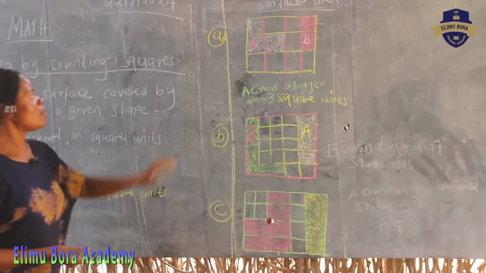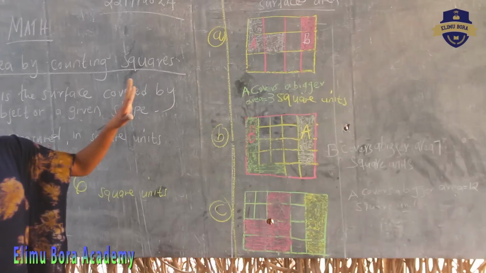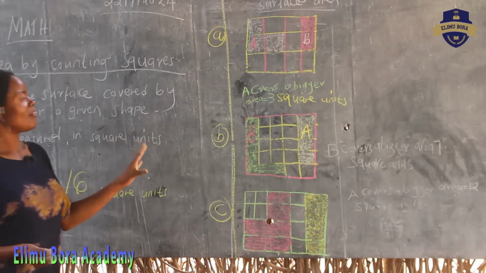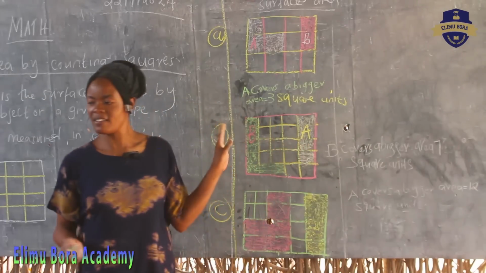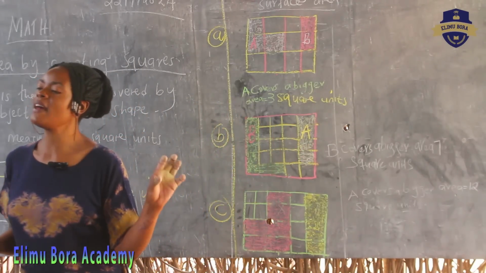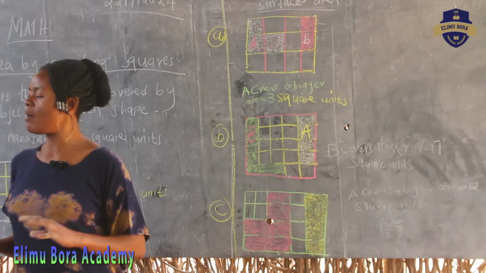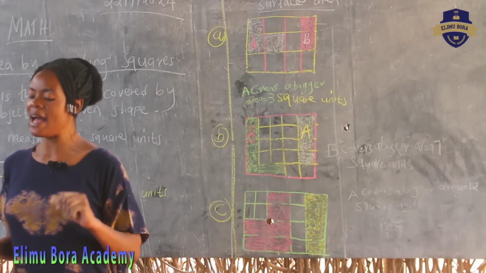So, we have looked at area by counting the number of squares in a bigger square. And we have seen the one that is covering a bigger surface area, and the one that is covering a smaller surface area by counting the number of squares.